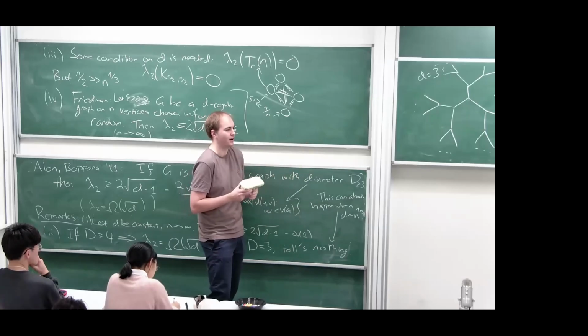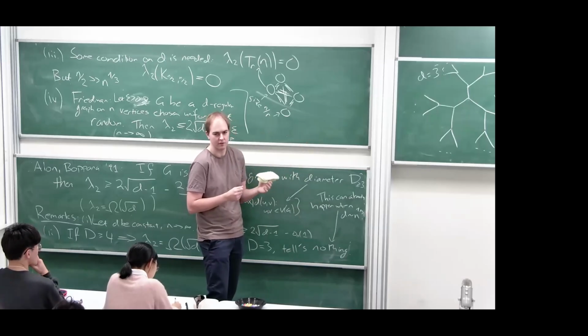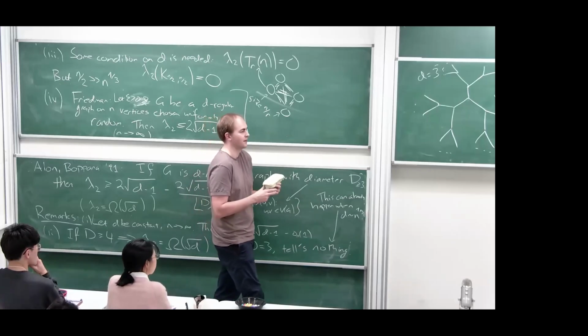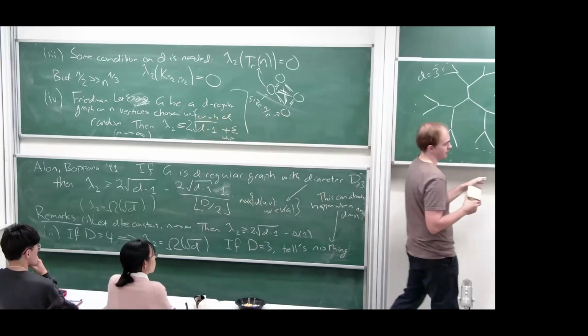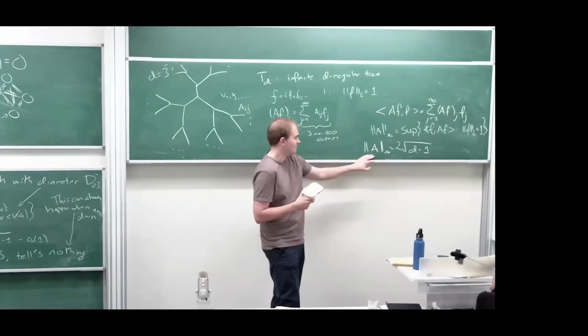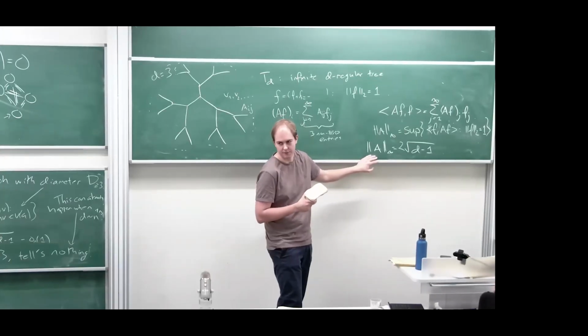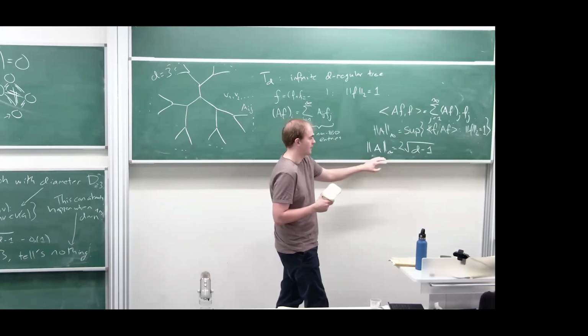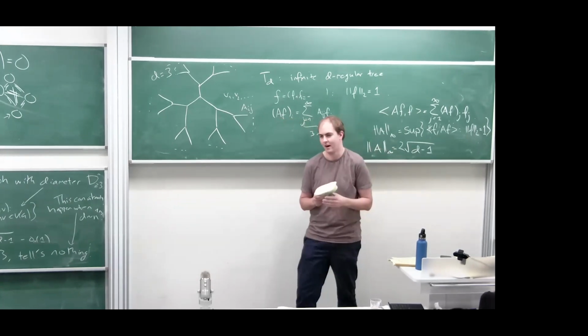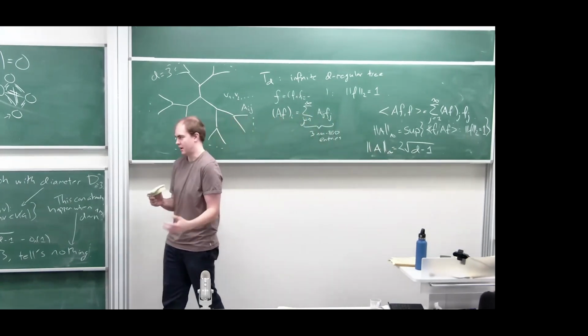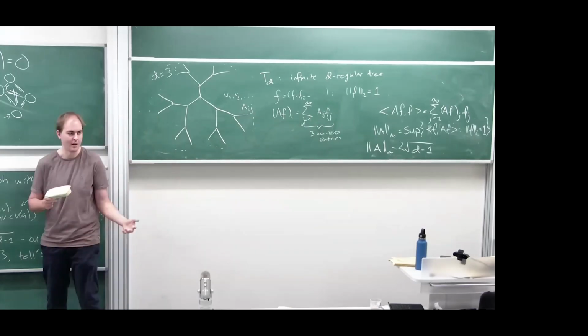And then you also have natural analogs of infinite d-regular trees, but there the correspondence breaks down. There the corresponding eigenvalues, so to speak, of the adjacency tensor would grow like d to the 1 over r, where r is the uniformity of the hypergraph.